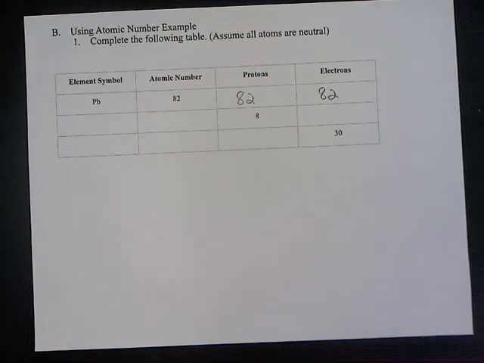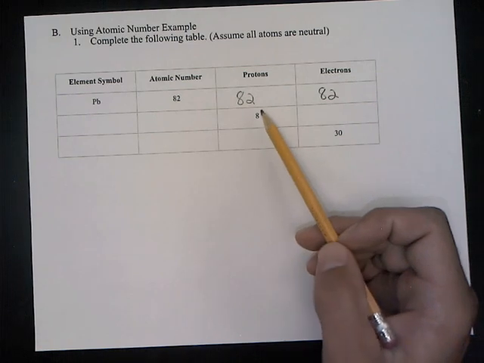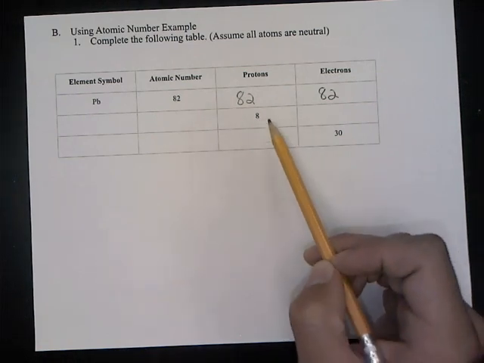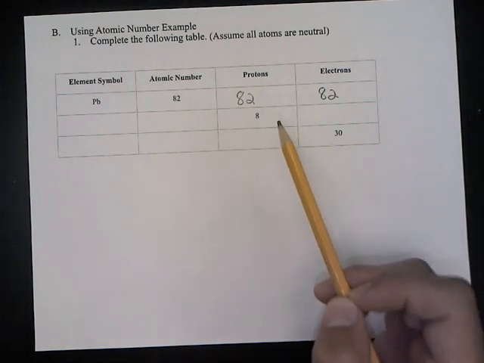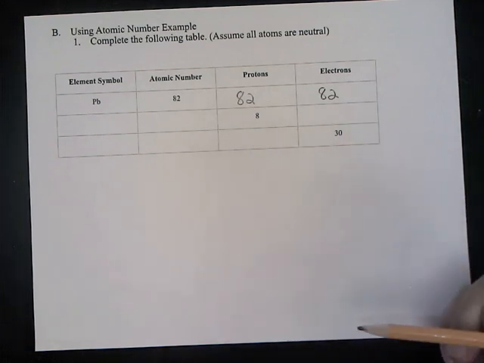Now this next portion here doesn't give us much information except the number 8. Now, the number 8 is located under the protons, and remember, the number of protons is equal to the atomic number.